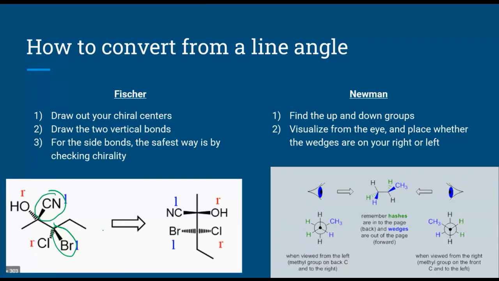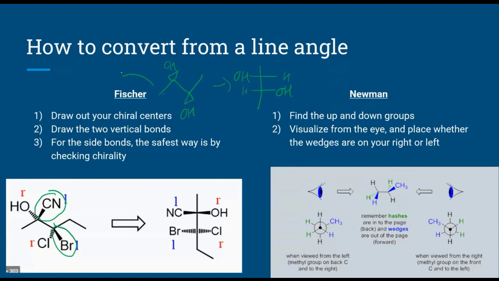However, this doesn't work all the time, because if I have something like this, OH, the correct Fischer projection is actually this right here. If you check the stereochemistry, these two have the same chiral centers, right? We're not going to change any chirality. We're only transferring it into a different view.